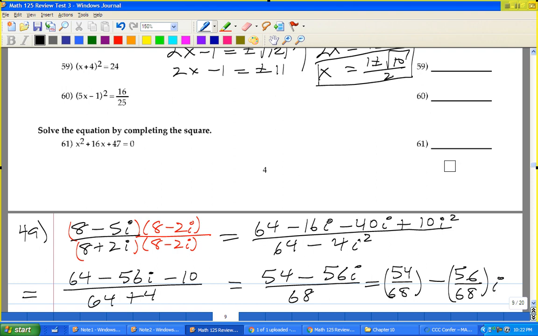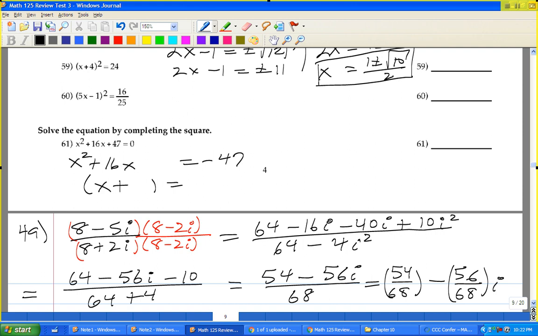So first step is to subtract 47 from both sides of your equation. We get x squared plus 16x is equal to negative 47. And so I want to complete the square.